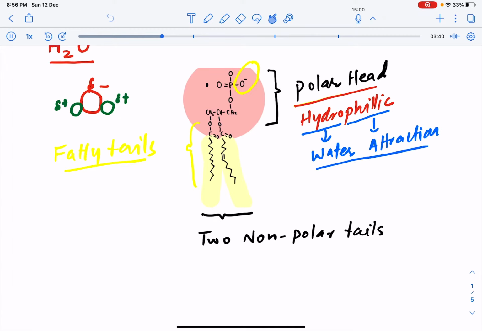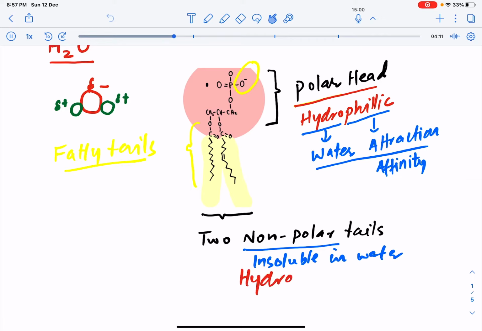So the polar head has an affinity for water, whereas non-polar tails are insoluble in water, so they are called hydrophobic. Hydrophobic stands for water hating.